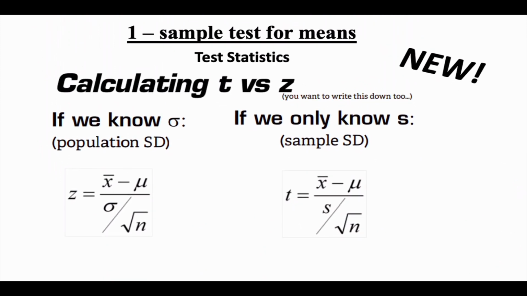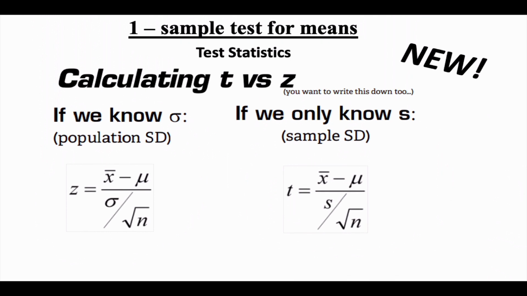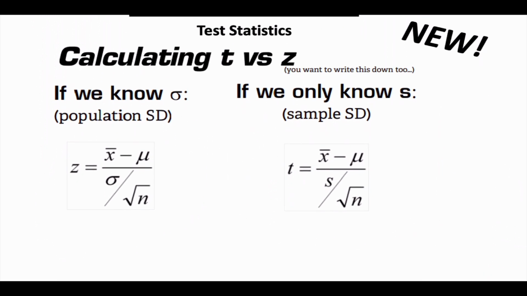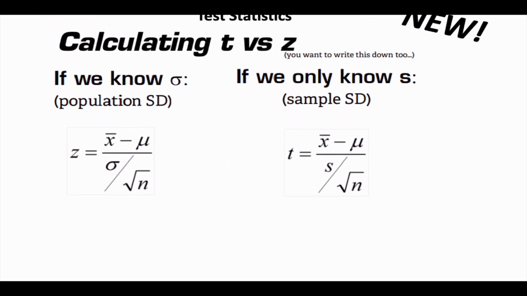Here's one of the new parts. We have 2 new formulas. There's a z-score and there's a t-score one. So t, z, just depending on which one. Okay. They look very close. They look very similar. The only difference between them is one has the population standard deviation, one doesn't.